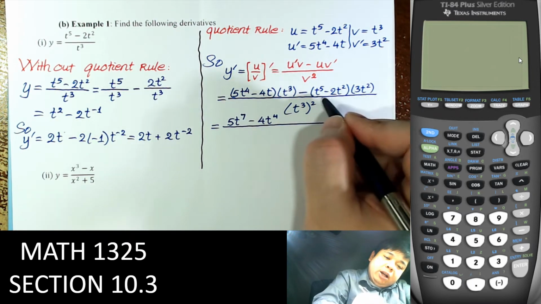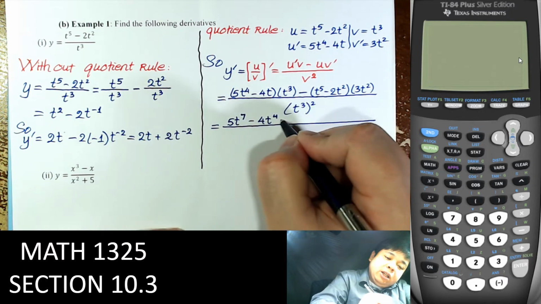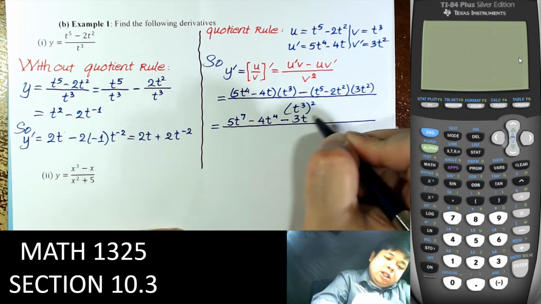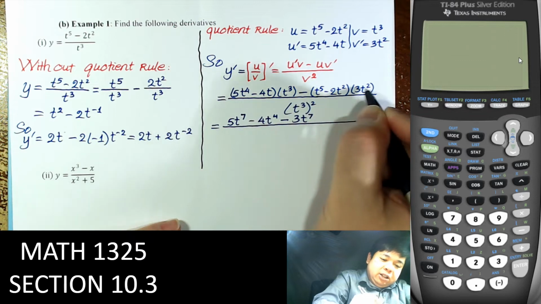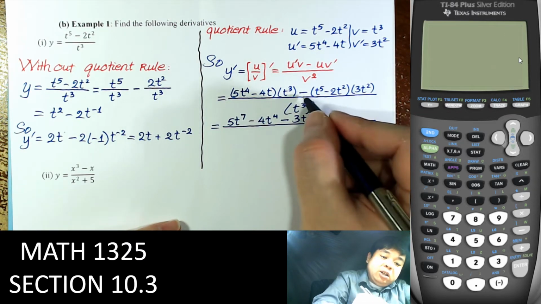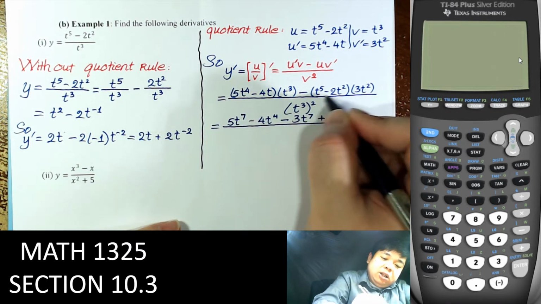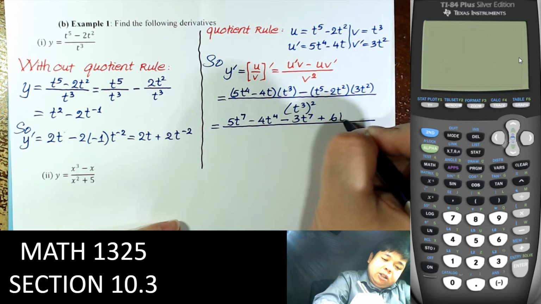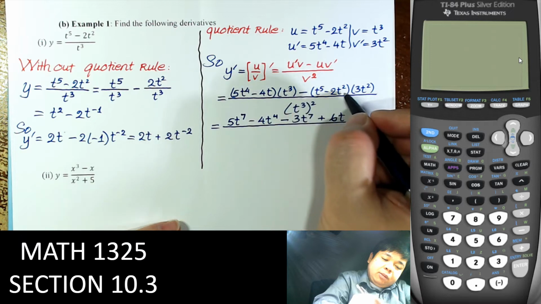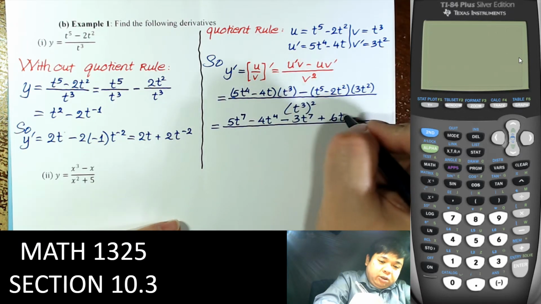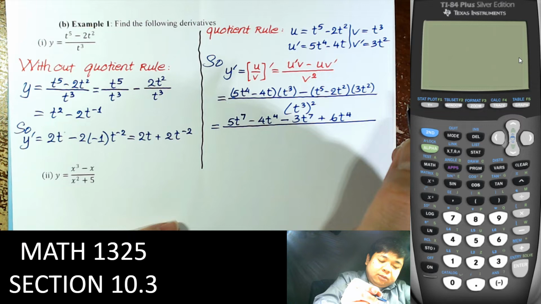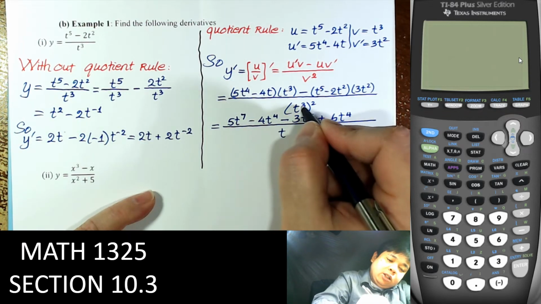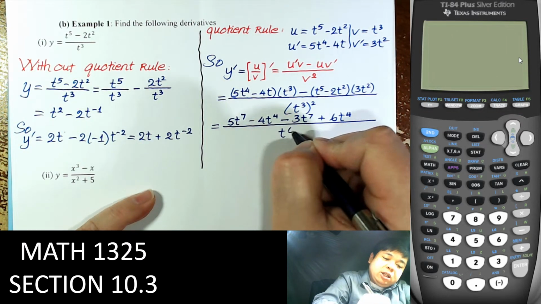Then 3t squared times u gives 3t to the 7th, but with the minus, so minus 3t to the 7th, and then minus that plus 2, that's plus 6t to the 4th, over t cubed squared. 3 times 2 is 6.